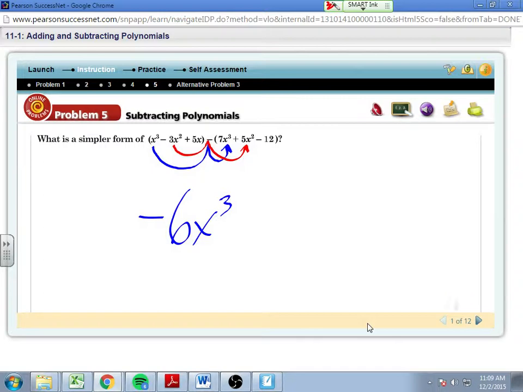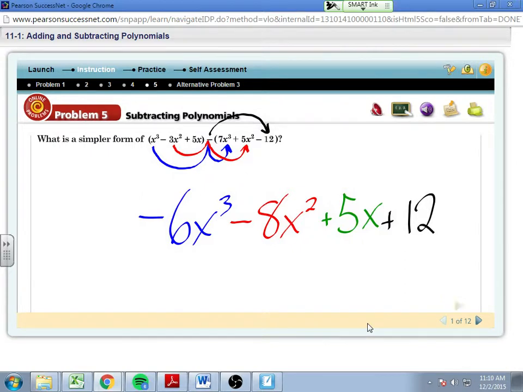My negative 3x squared and my minus 5x squared leaves me with minus 8x squared. And then our 5x, there is no other, just x, so it doesn't get subtracted by anything. It just stays 5x. And then we can do minus a negative 12, so it becomes plus 12.